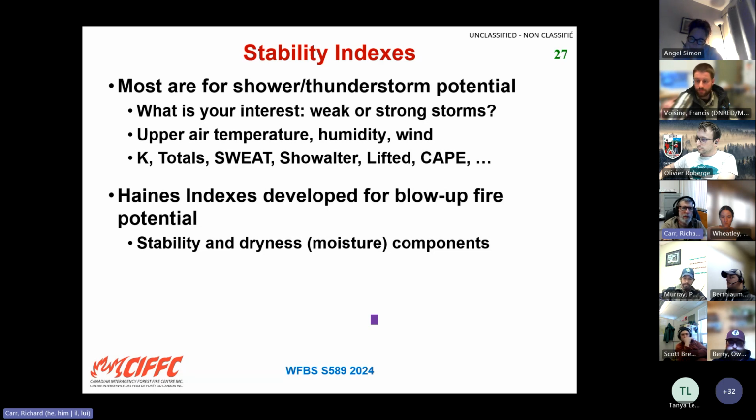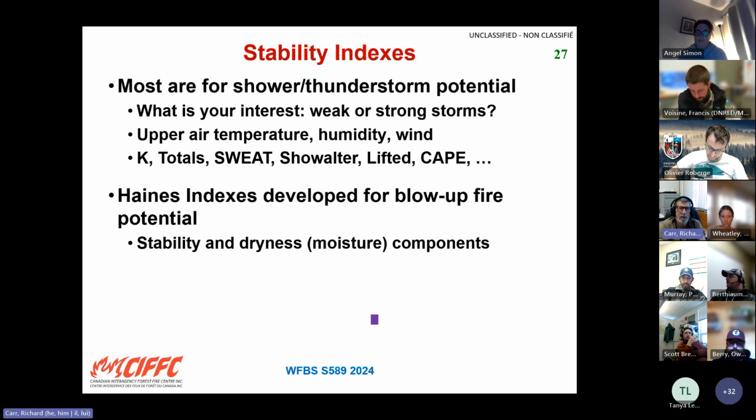I think most public forecasts will tend to focus on storms of the stronger side, but if you're interested in fire starts, maybe the weak ones are just as or maybe even more important. You get maybe a little bit of rain, some lightning for a while, and maybe the shower dissipates after that. So the weak ones, of course, can start fires for sure.